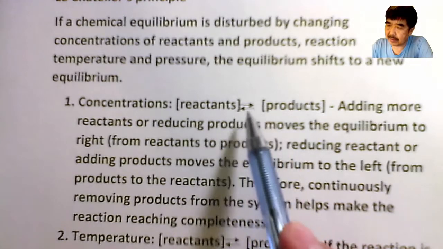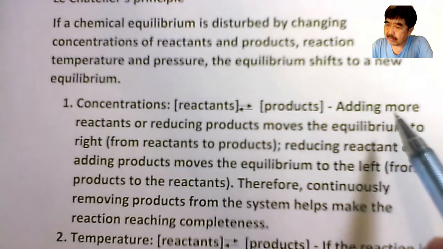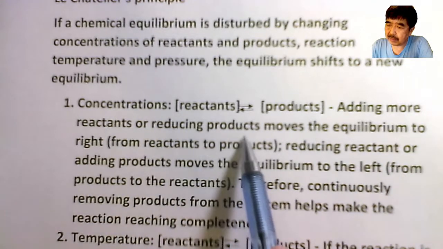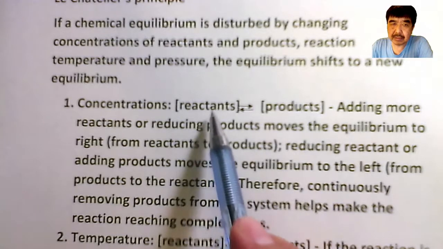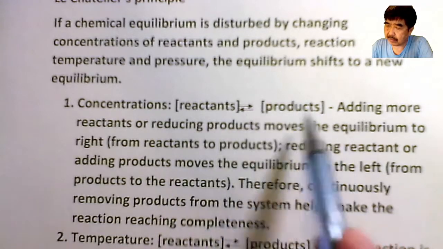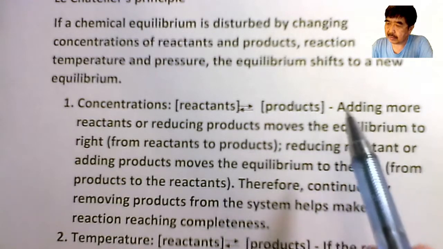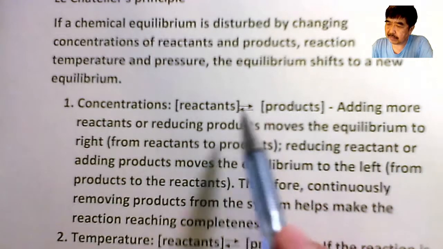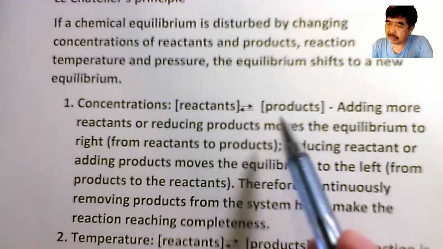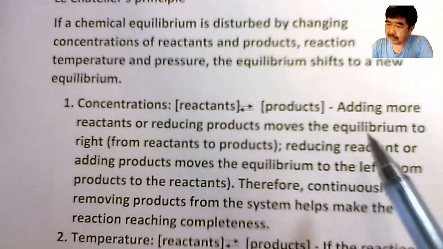That's called equilibrium. When you add more reactants or reduce products, they move the equilibrium from the reactants to the products, and then eventually reach a new equilibrium.